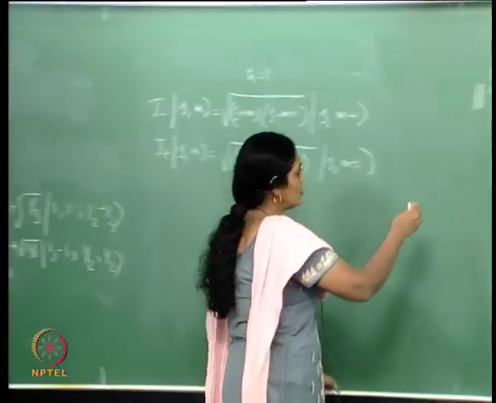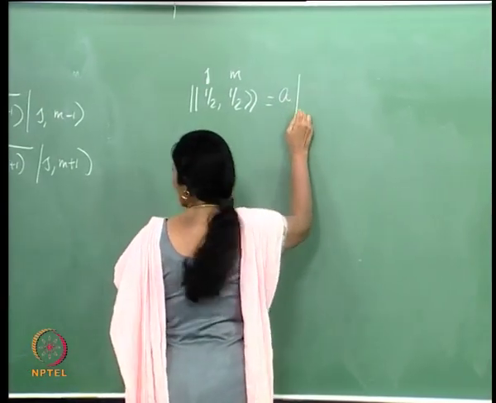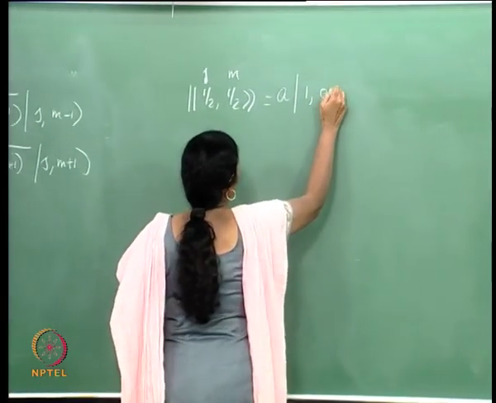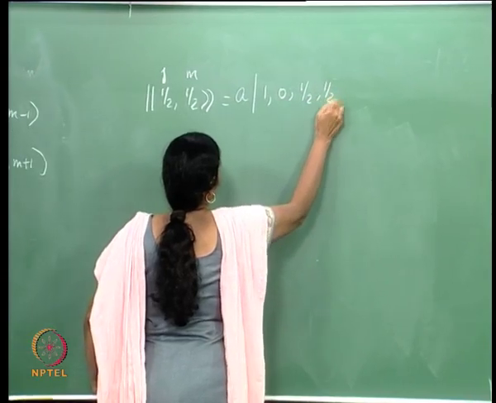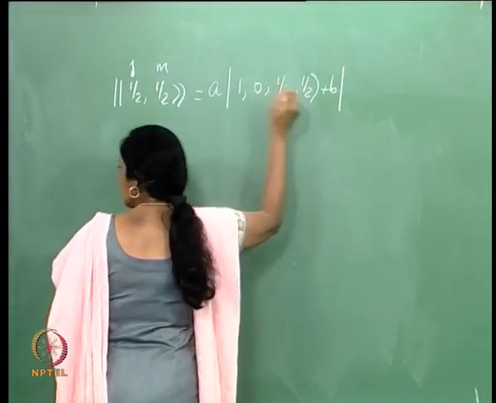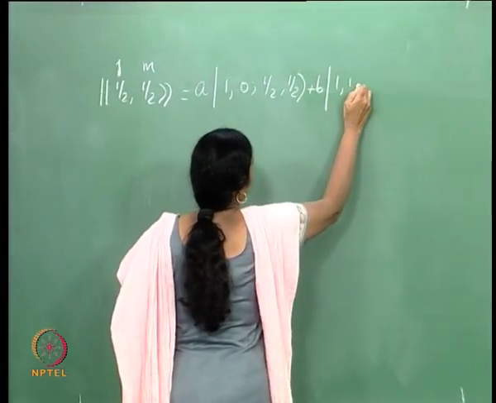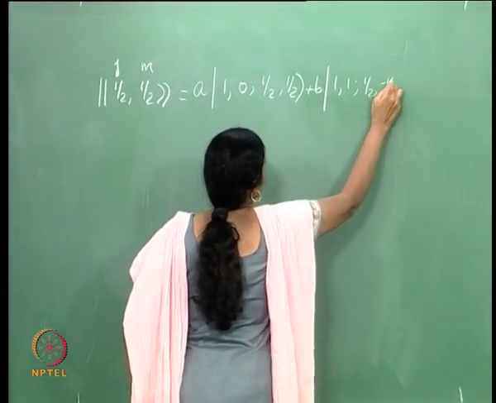So I write half comma half as A times 1 comma 0 half comma half plus B, that is the coefficient, times 1 comma 1 half comma minus half.